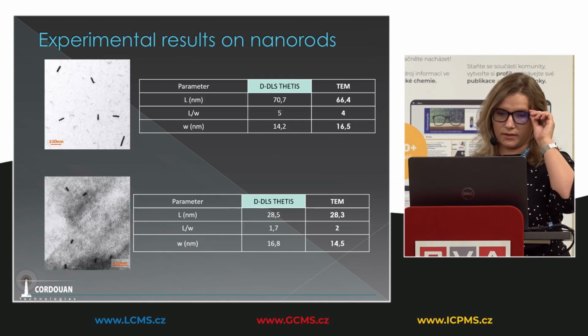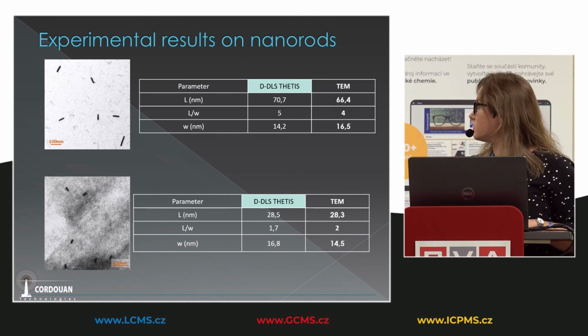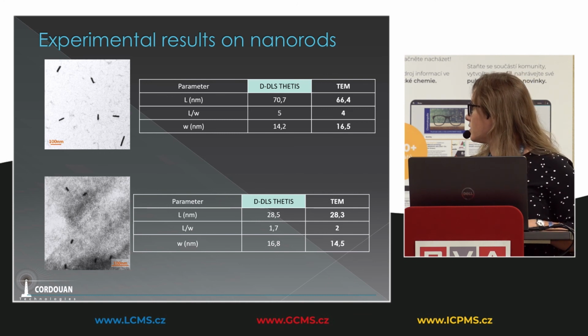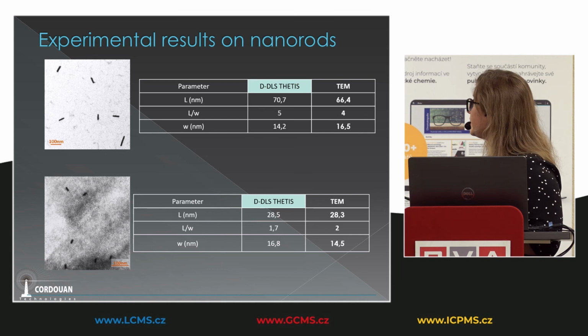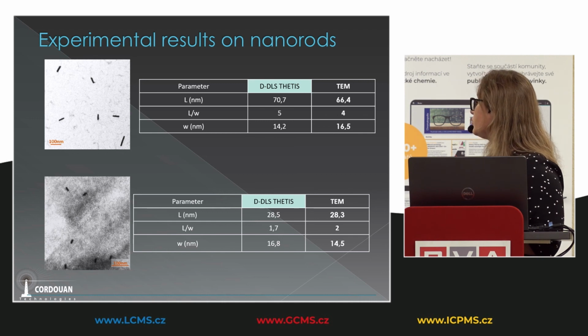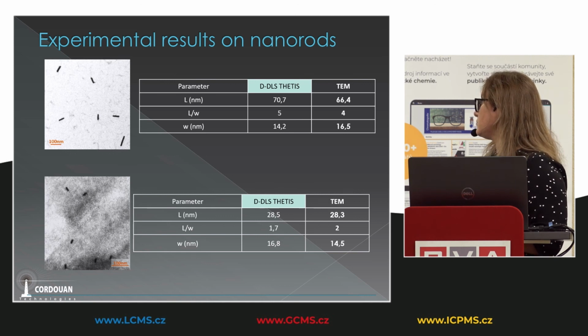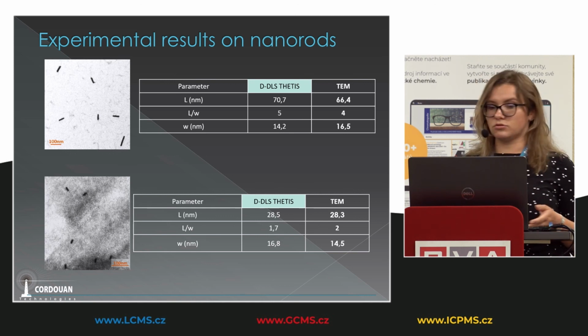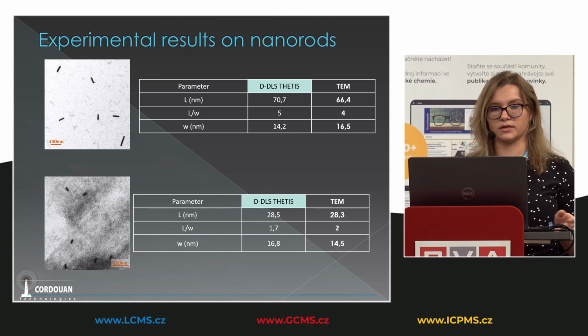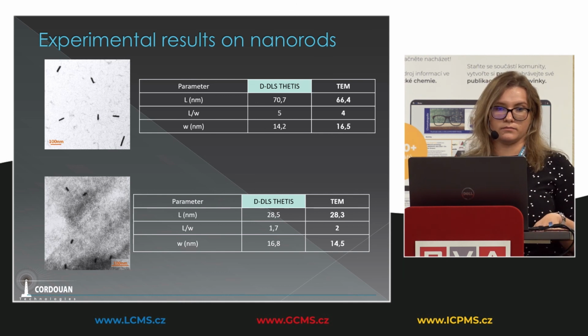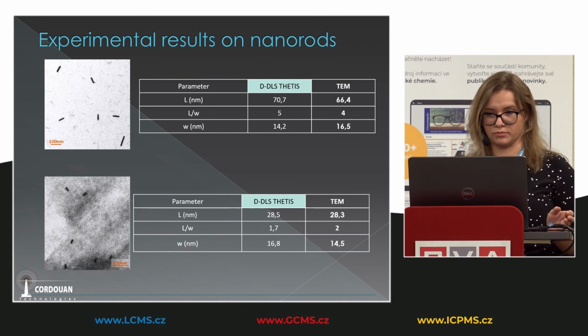So we repeated these measurements for different types of rods, and we obtained nearly the same values for TEM and for depolarized dynamic light scattering, and we proved that this device is able to measure the lengths and the widths of your nanoparticles within, I don't know, tens of minutes, depending on the number of angles you want to measure.